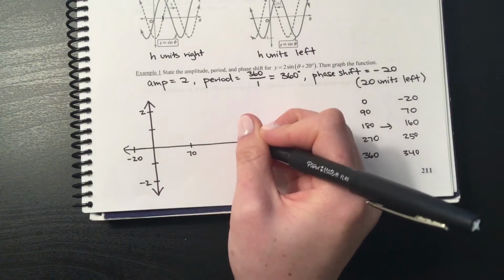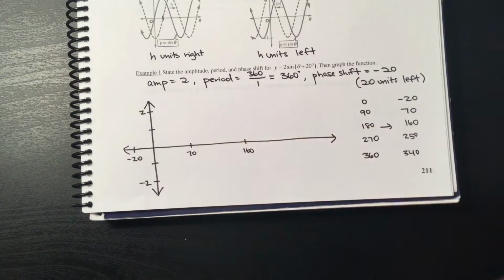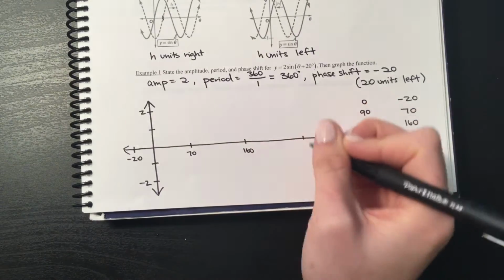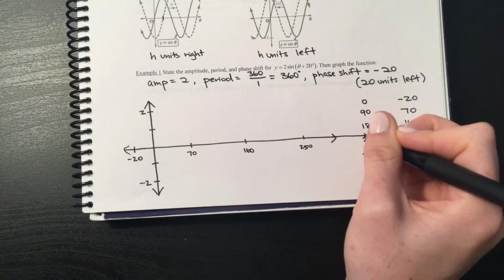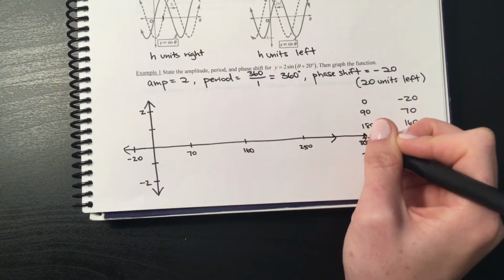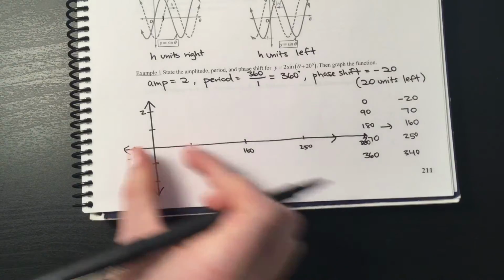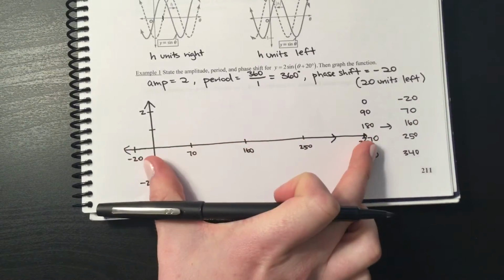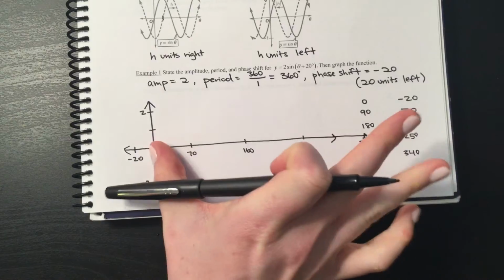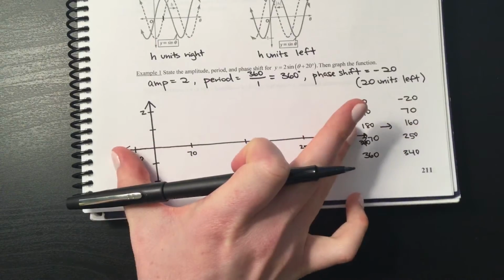And then 160, maybe there. 250, and then we might want to take this just a touch farther and make this 360. Okay, so make sure they're all spaced out evenly like that. They should all still be 90 degrees apart. Or I'm sorry, this should be 340, not 360. So they're still all 90 degrees apart. Everything just got shifted. Instead of going from 0 to 360, we shifted it to the left 20 units like that.